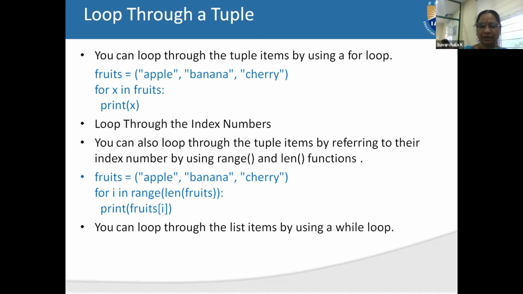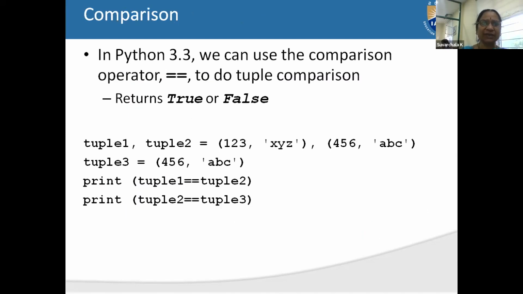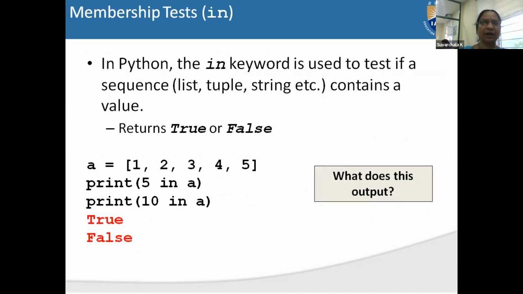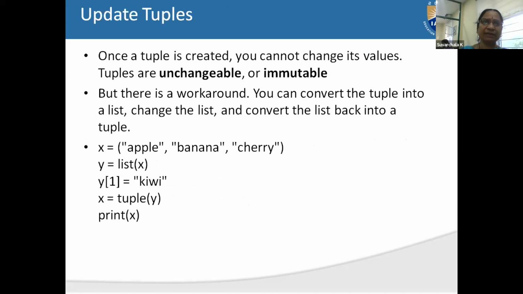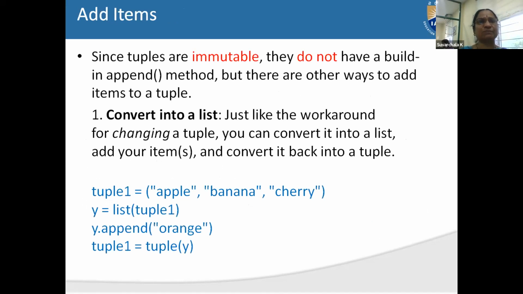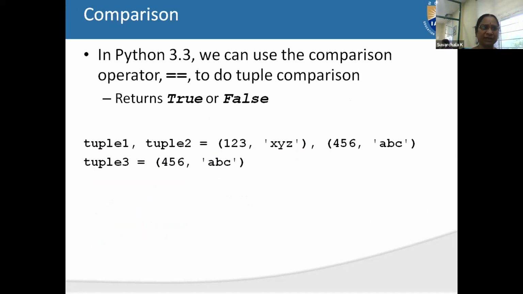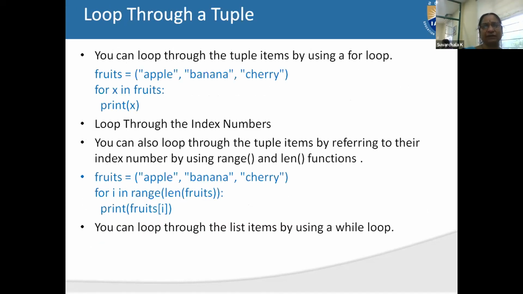Okay. Now, what are the things we have done? We have done comparison, and how to add, update, remove, which is the same process. And now we will discuss how to access elements from a tuple by using loop structure.